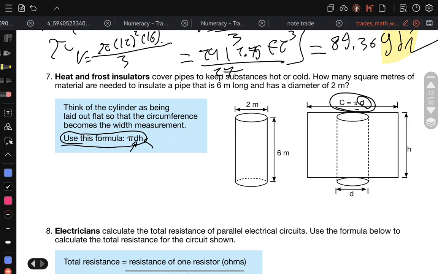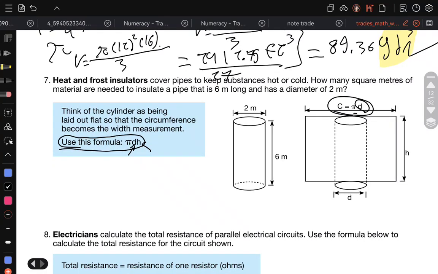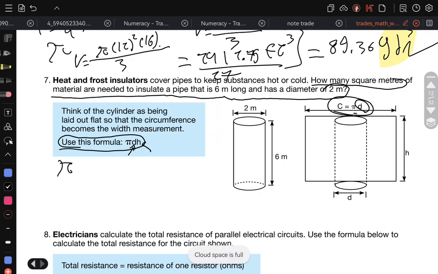Right away, what do they want? They want how many square meters of material are needed to insulate a pipe that is 6 meters long and has a diameter of 2 meters. You just write pi times the diameter, which is 2, times the height, which is 6.